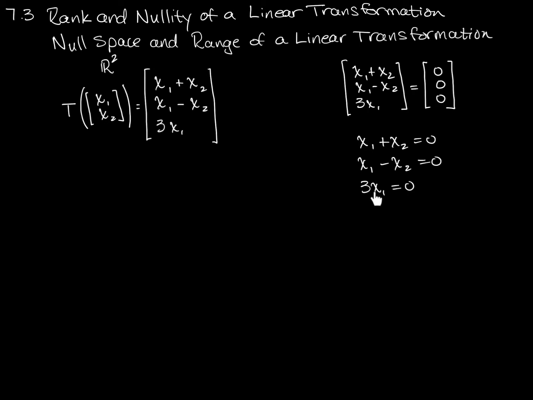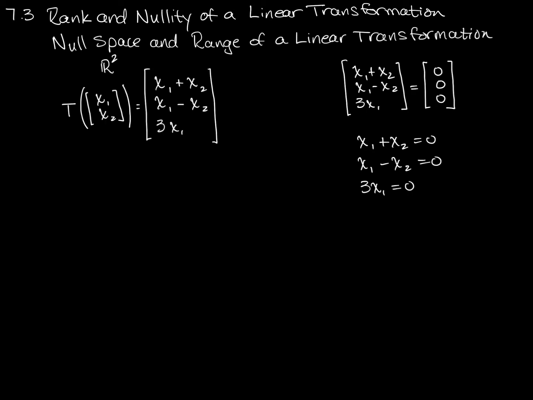I want to determine which combinations of two real numbers in R2 map to the zero vector. And my hope is that only 0, 0 will map to the zero vector, because that will tell me that this transformation is one-to-one. If I find anything other than 0 for x1 and 0 for x2, the zero vector in this space, then it's not a one-to-one transformation.